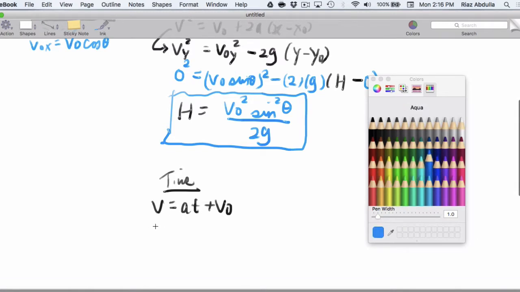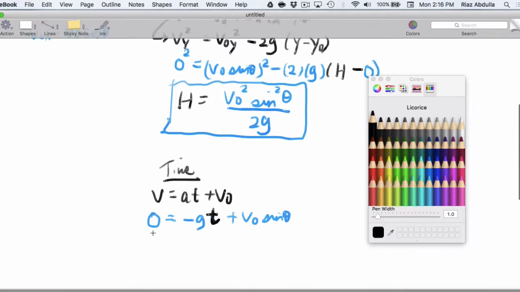So at the top of the trajectory, I have a speed of 0, negative g times my unknown time that I'm going to solve for. And v naught is a known. That's v naught times the sine of theta. Now I'm going to isolate t here, and that's going to give me v naught sine theta all over g. But the thing is, this is just the time up.